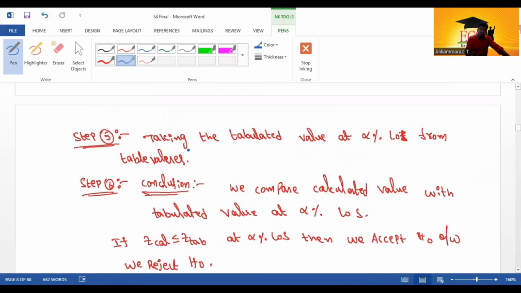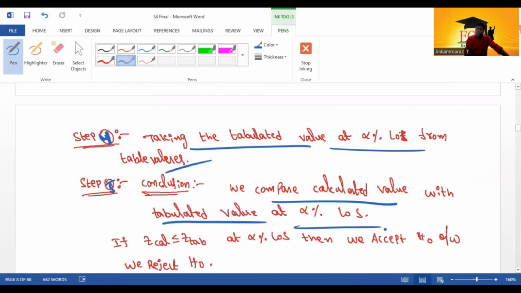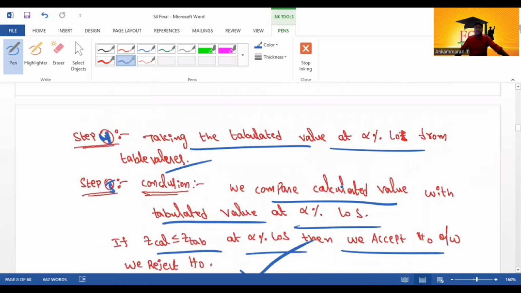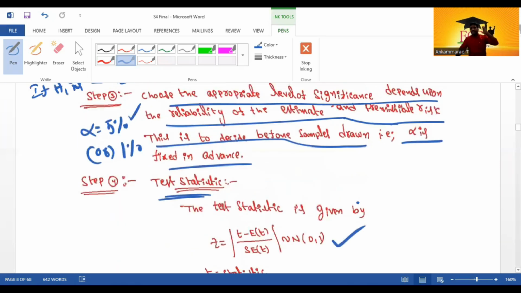Take the tabulated value at alpha percent level of significance from the table. Compare the calculated value with the table value at 5% LOS. If Z calculated is less than or equal to Z tabulated at alpha percent level of significance, then we accept H0, otherwise we reject H0. This is the procedure for testing of hypothesis.